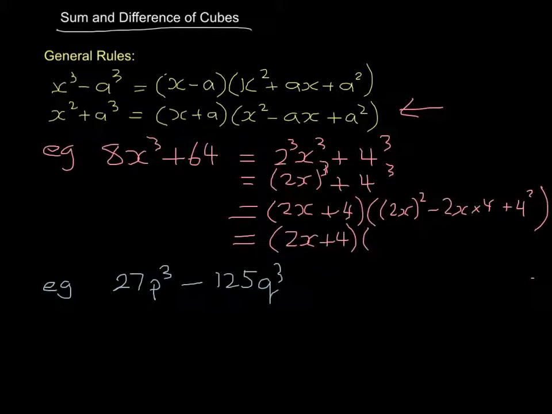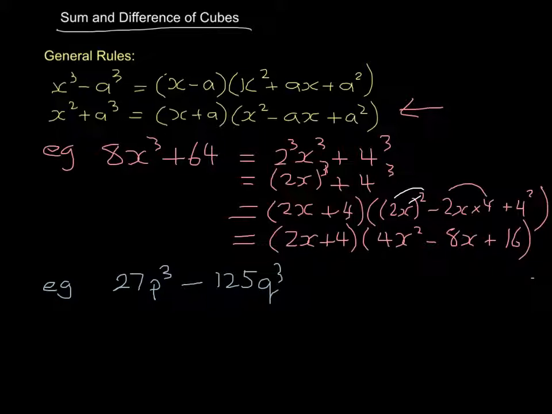Second bracket, the 2x, we need to make sure that we square everything inside it, so it's going to be 2 squared and x squared. So that 2 squared is 4, x squared, take away, and then we have to go 2 times 4 is 8, x, plus, and then we have 4 squared is 16 for the last term there.